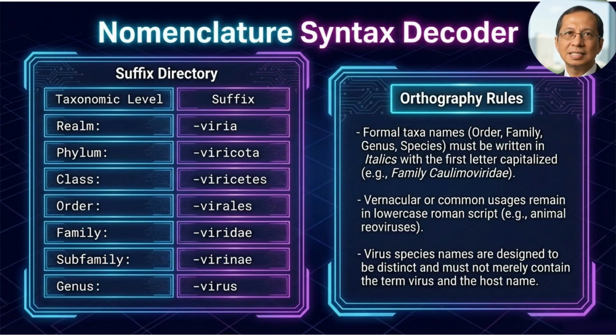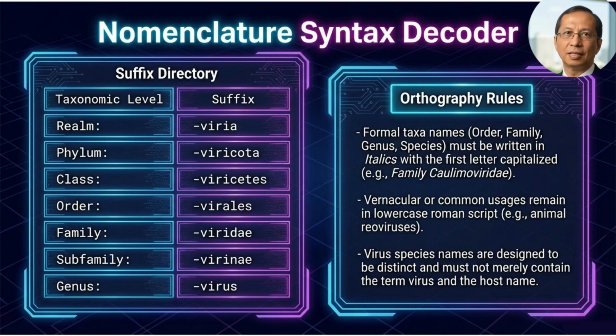To ensure consistency in viral nomenclature, specific syntax rules are followed. The suffix directory provides standardized endings for each taxonomic level: Viria for realm, Viricota for phylum, Viricetes for class, Virales for order, Viridae for family, Virinae for subfamily, and Virus for genus.